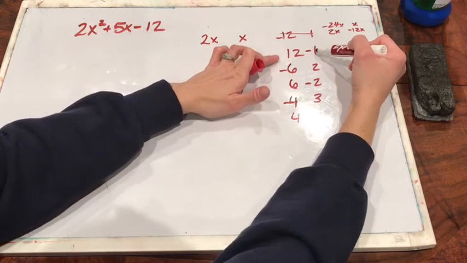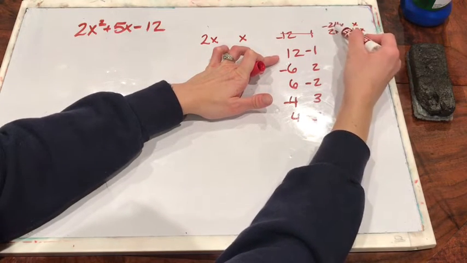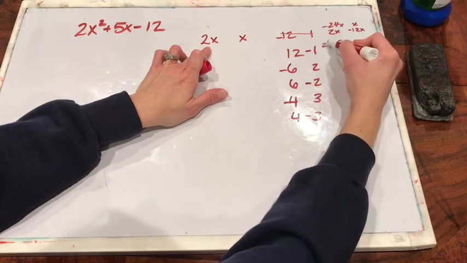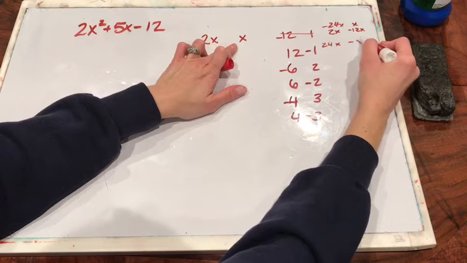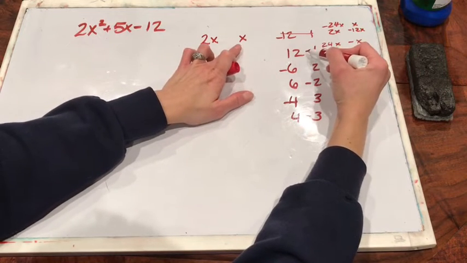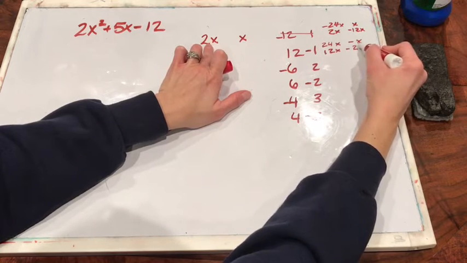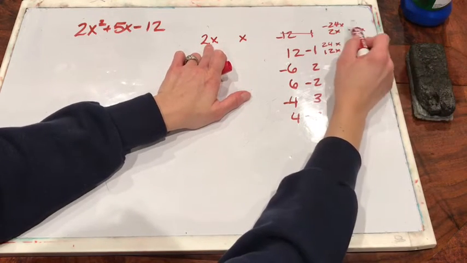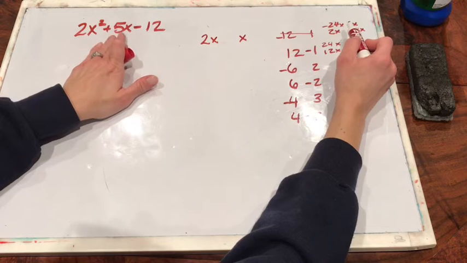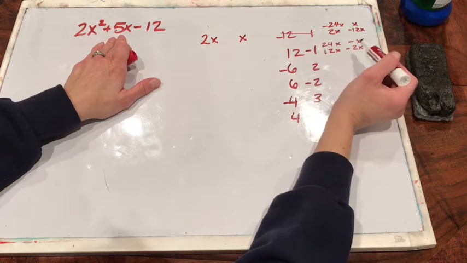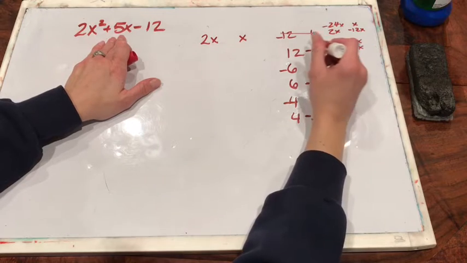If I do the same one here, these numbers are just going to change signs, all of them. So the first one would be a +24x and a -x. And then the second one, we would switch. So we'd have a 12x and a -2x. So once I do this one, if none of them are this number, then I know that the one where I switch signs isn't going to work either.